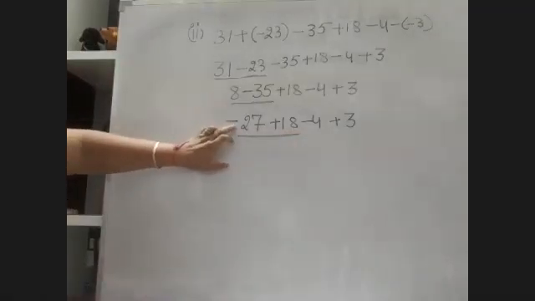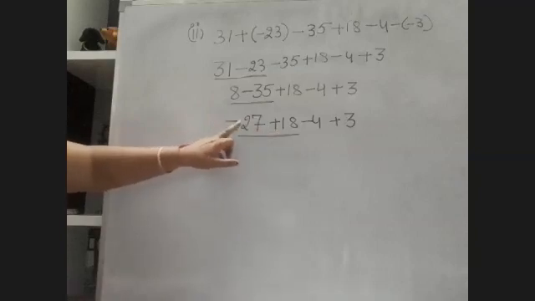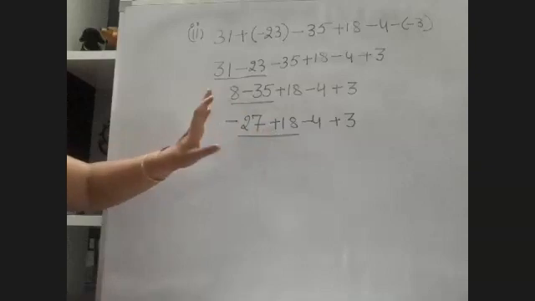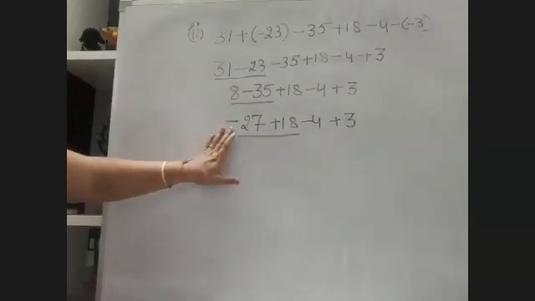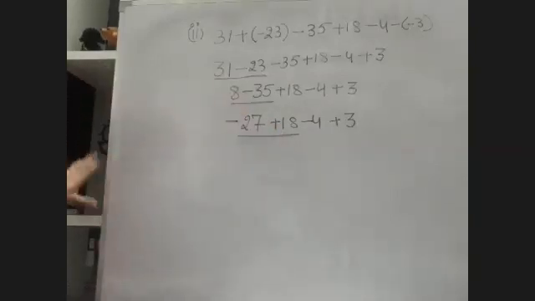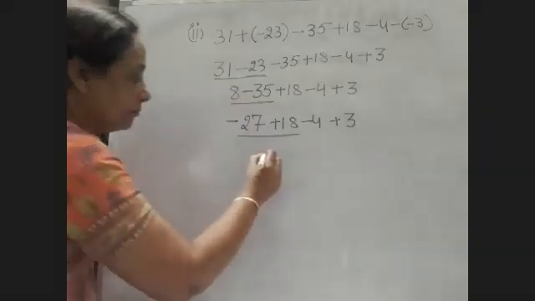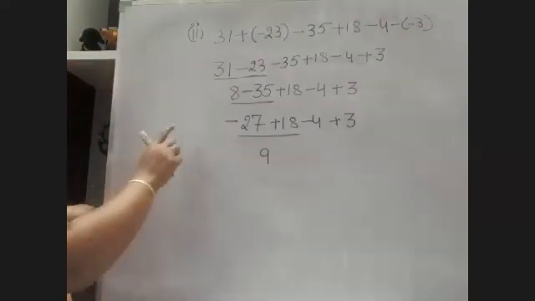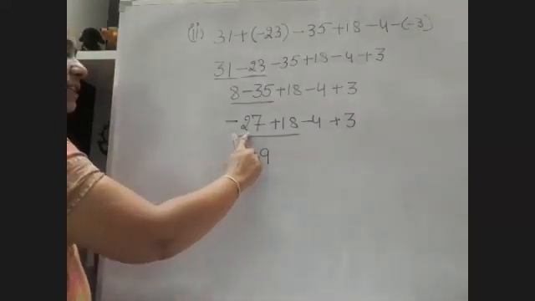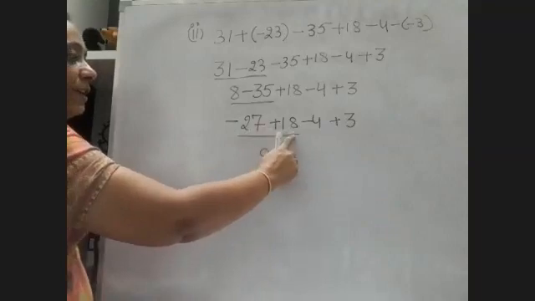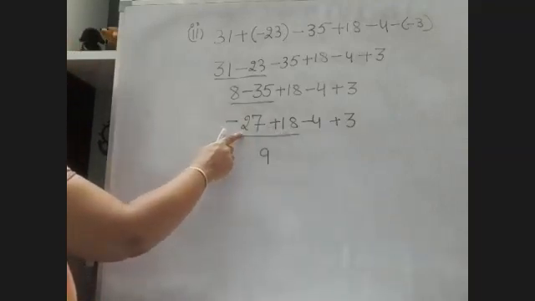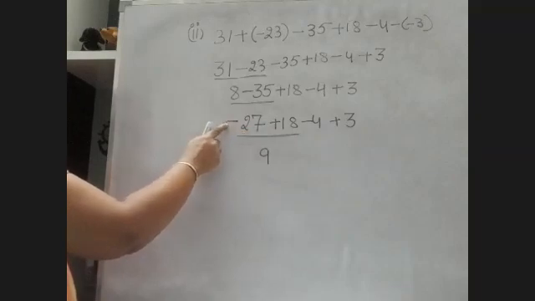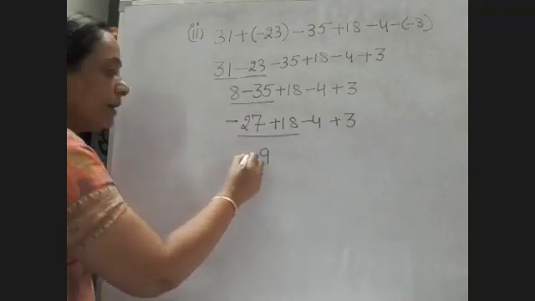Minus plus, so 27 minus 18 is 9. Now compare 27 and 18. The greater number is 27, with the negative sign. So we have minus 9.